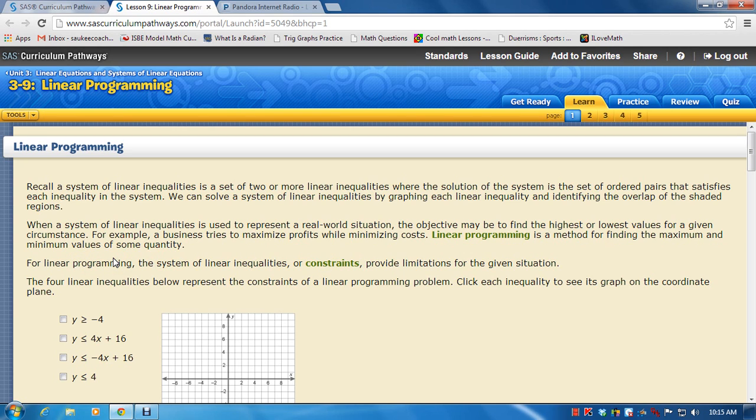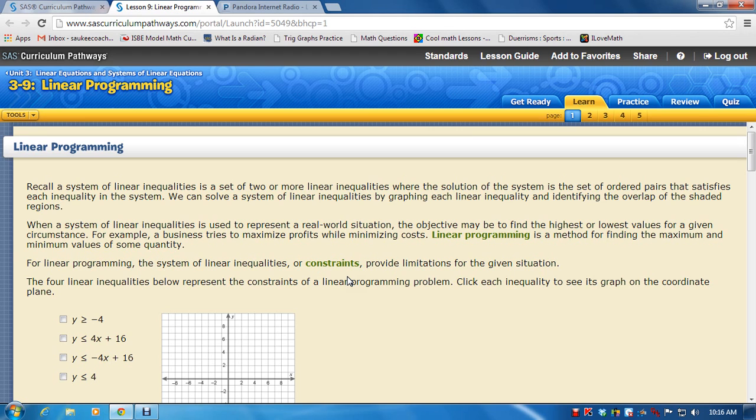I like to call those the optimization values for some quantity. So this system of linear inequalities that we write in, they're called constraints. Okay, they are what are going to encapsulate this feasible region for us.